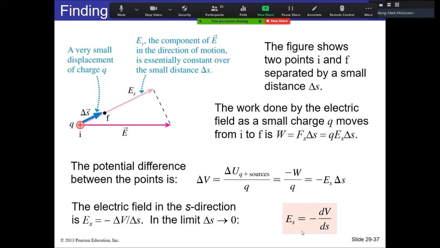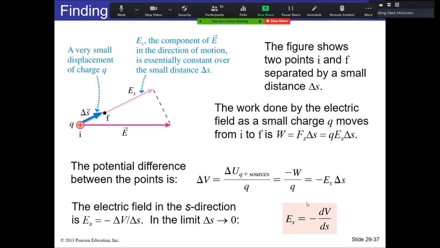Well, it doesn't become an estimate if you take the limit that the deltas go very small and become differentials. So in the limit that your separation distance is extremely small, this turns into a derivative. But you got to be careful about this derivative. This derivative is dV/ds, and that gives you the electric field along the direction of s, which is not the entire field.